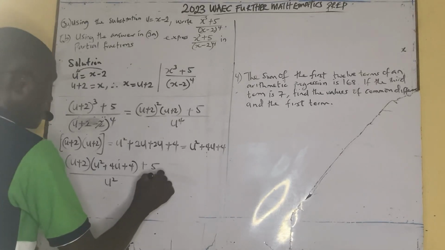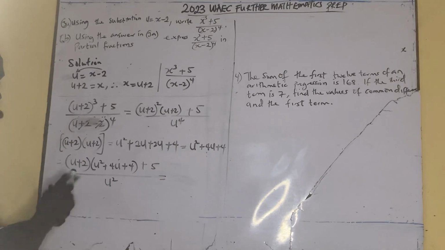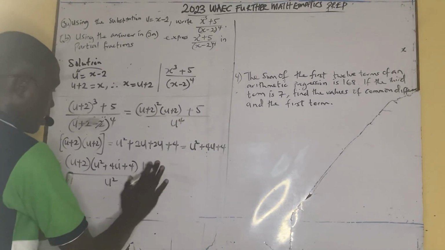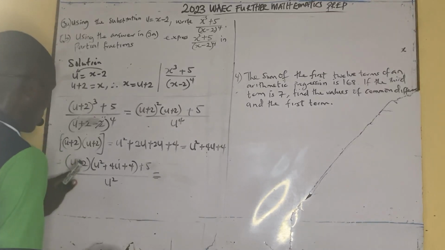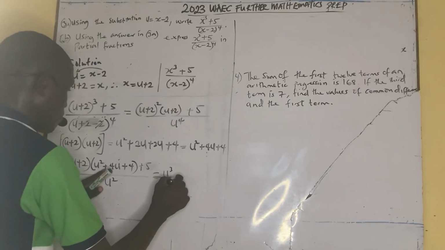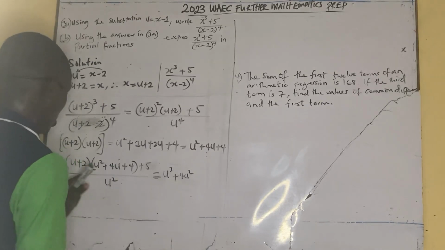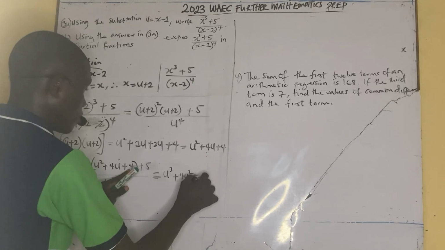Now, the next thing is to expand that by multiplying out, which is equal to u times u squared, we have u cubed, plus u times 4u, we have 4u squared, u times plus 4, you have plus 4u.